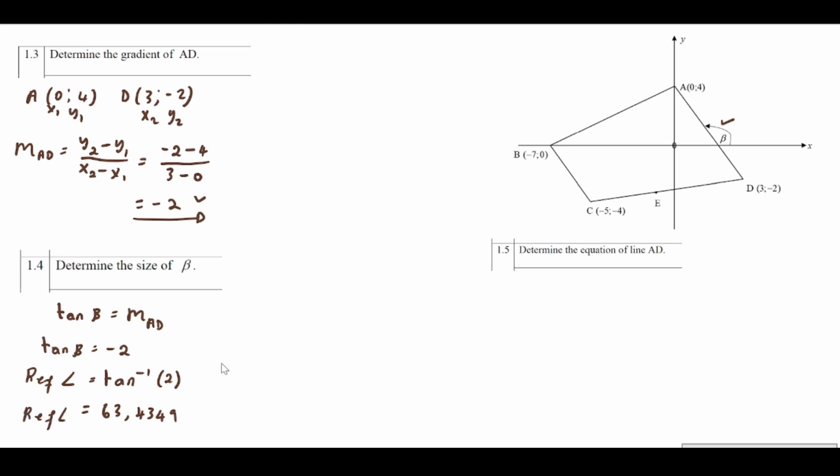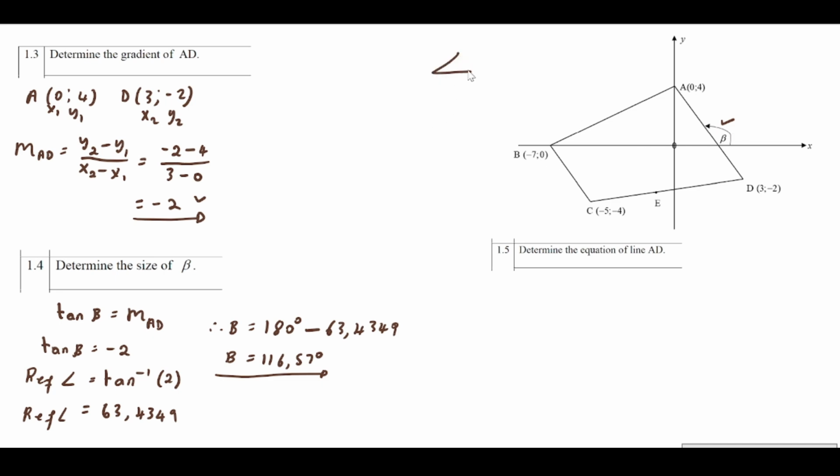It's not the answer. Therefore, what is beta then? Beta is going to be 180 degrees minus 63,4349, so beta is equal to 116,57 degrees. Somebody can be asking, why are we saying 180 degrees minus the angle? If you look at this, it's an obtuse angle.